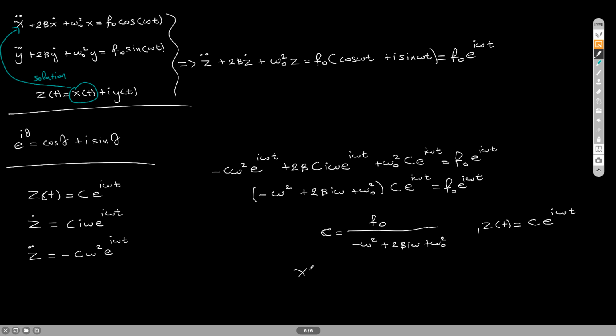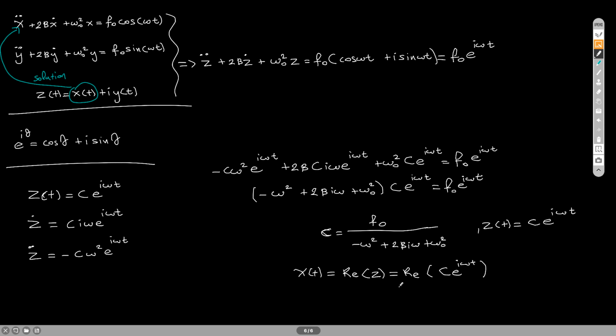So what I'm interested in finding is the real part of z, which is the real part of C e to the i omega t, with C being defined here. Now I have solved and found a particular solution to the differential equation.